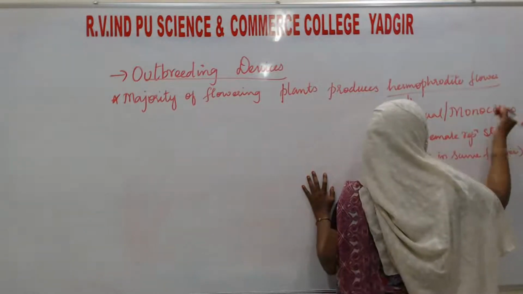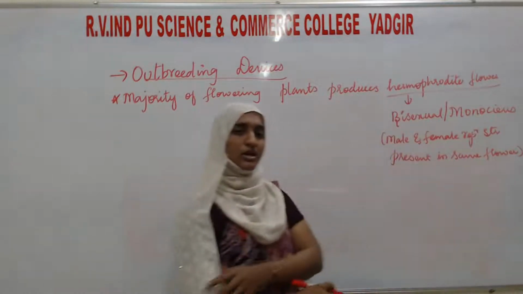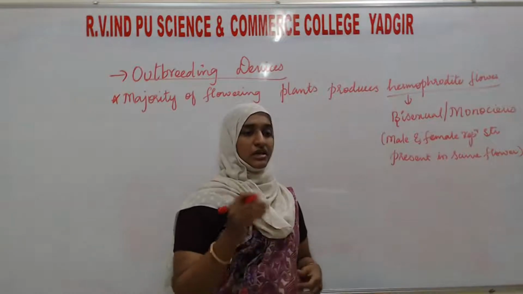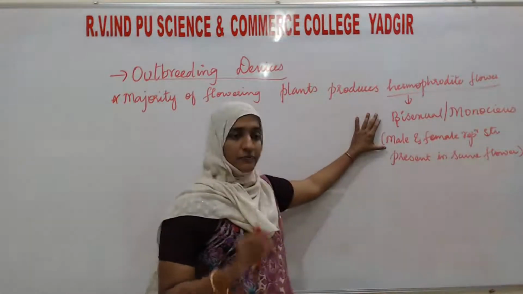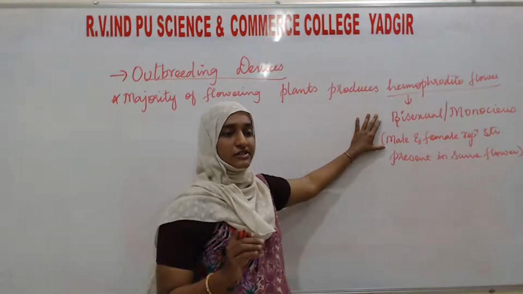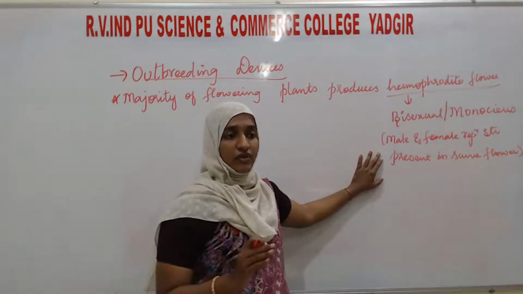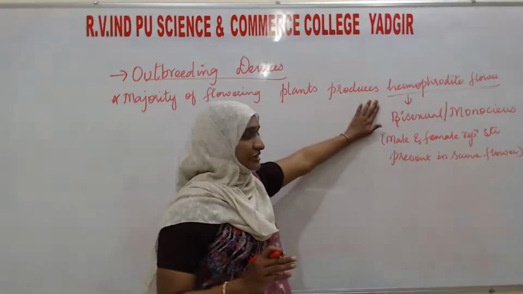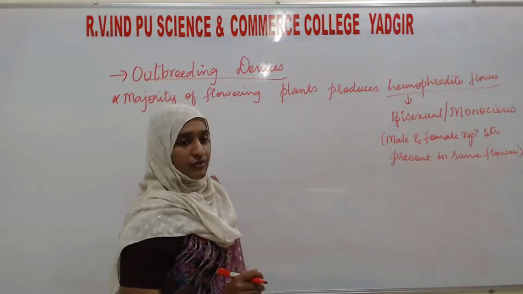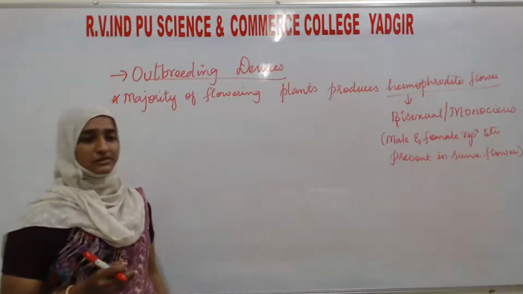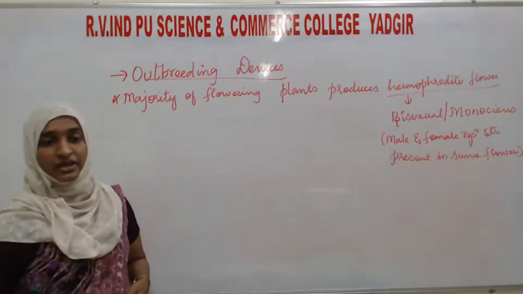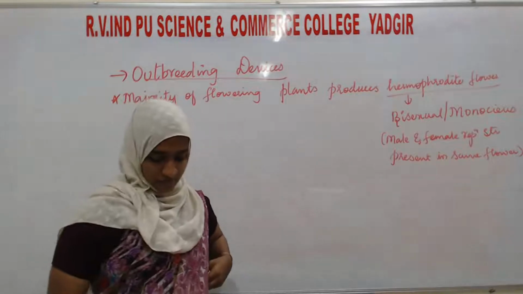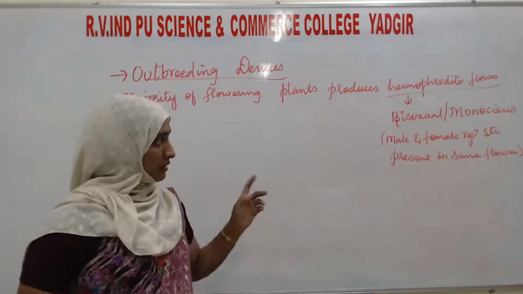Don't be in confusion. Monoecious, bisexual and hermaphrodite, these three are the same thing. So in majority of flowering plants, the flowers will be hermaphrodite, bisexual, or what we call the monoecious.